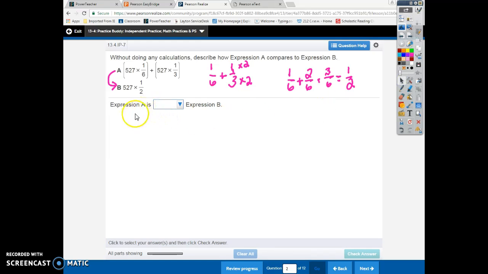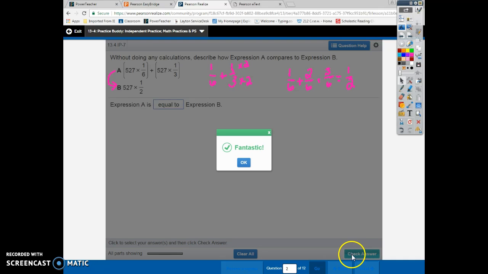So expression A and expression B are really going to be equal to each other. Because when I times something by 1/6 and I times something by 1/3 and I add them together, I'm going to get the same thing, 527 times 1/2.